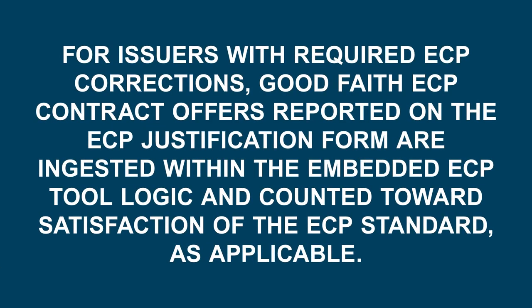Please note that for issuers requiring ECP corrections, CMS generates an issuer's partially pre-populated ECP justification form and uploads it to the Plan Management PM community for issuer retrieval. Good faith ECP contract offers reported on the ECP justification form are ingested within the embedded ECP tool logic and counted towards satisfaction of ECP standard as applicable.